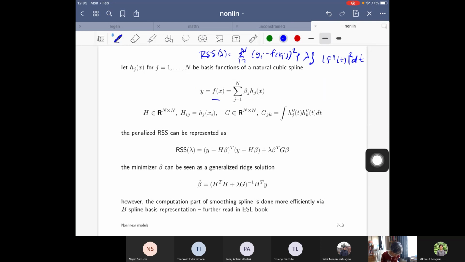Because my f is represented as this summation, f double prime of t is going to be the sum over j of beta_j h_j double prime of t.